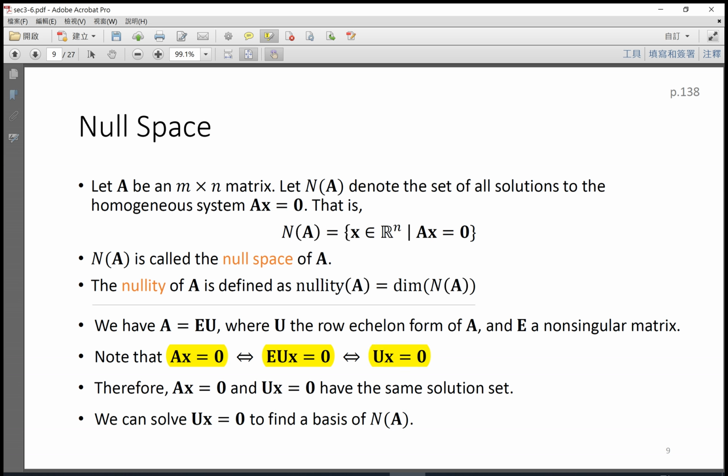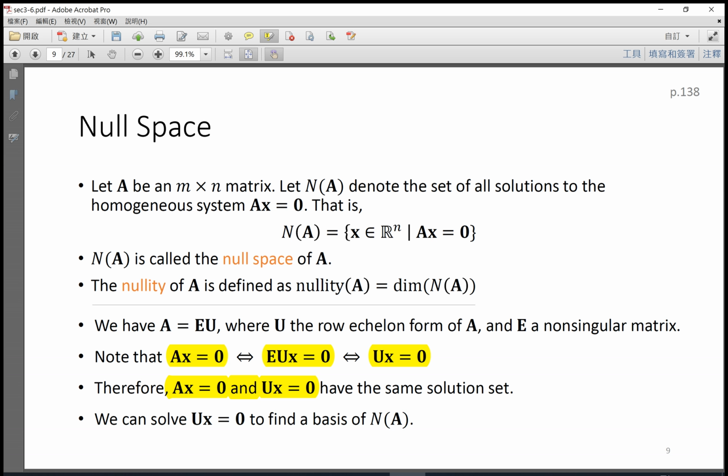This means that if X is a solution to UX equals 0, then X must also be a solution to AX equals 0. Therefore, we have shown that AX equals 0 and UX equals 0 have the same solution set.